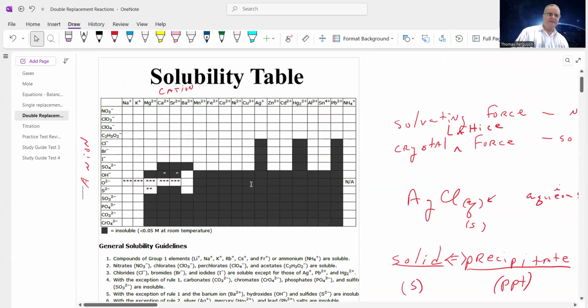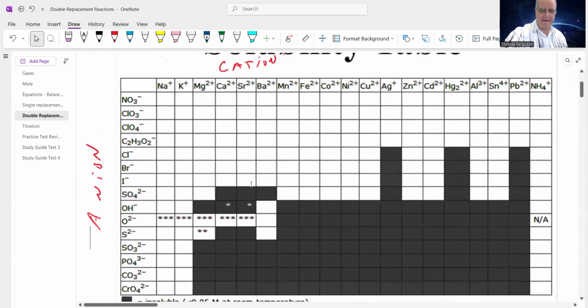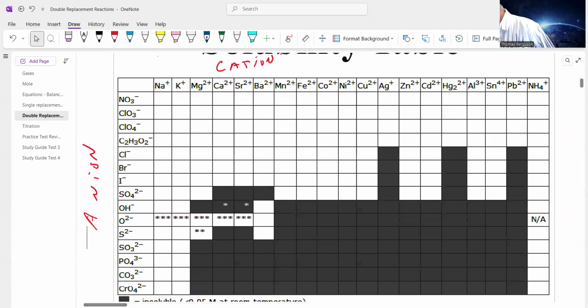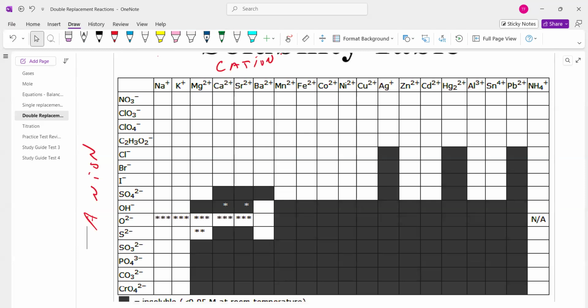All right. So this is a table of cations, anions. Anions on the vertical left, cations across the top. Aqueous. That means it's dissolved in water. Okay.